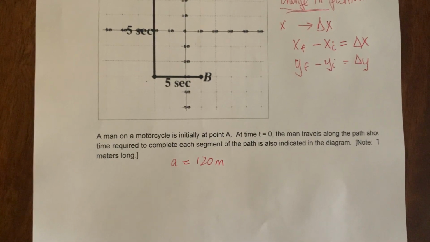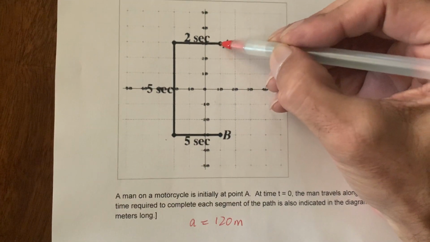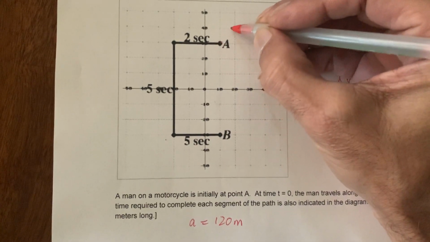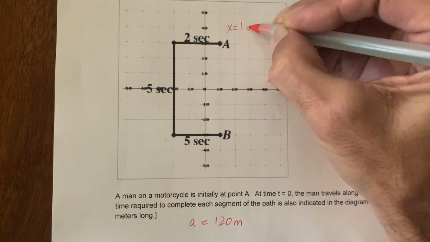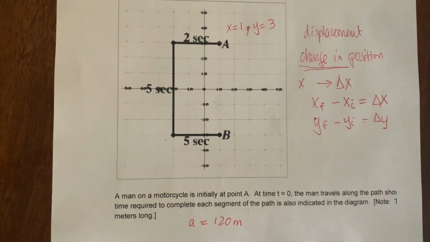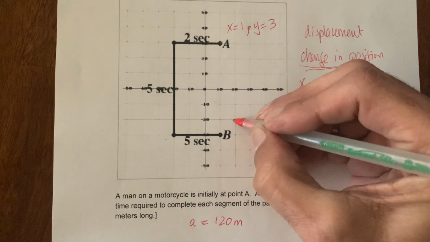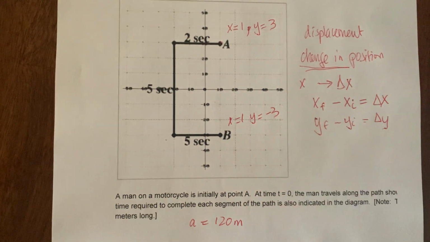Okay, next question states, what is the man's displacement once he reaches point B? So what is his position here? He is at, I'd say, x equals 1 and y equals 3. That's his initial position. His final position is x equals 1 and y equals negative 3.